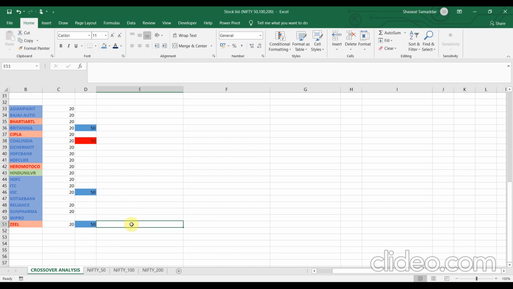Okay, so this was the last stock for today. So these are the stocks which would be going into my watch list. I will keep a watch on these stocks. How many stocks are there? I guess 20 stocks, less than 20, 17 or 18 stocks. So okay, 19 stocks. So okay, so this was all for today.